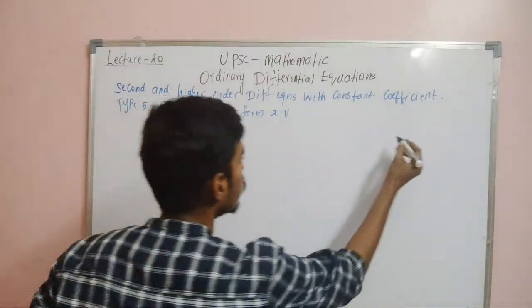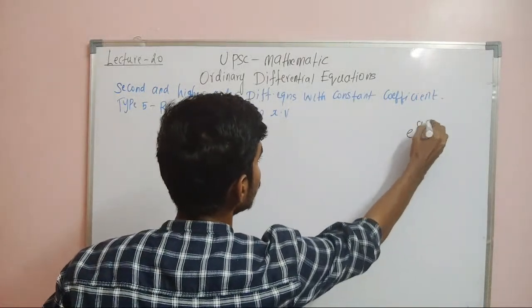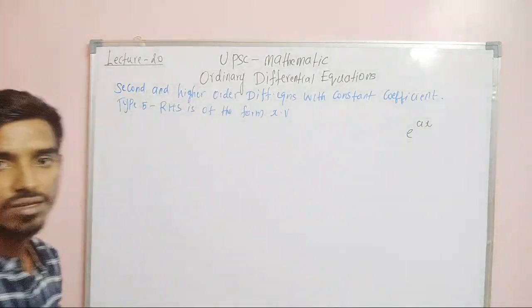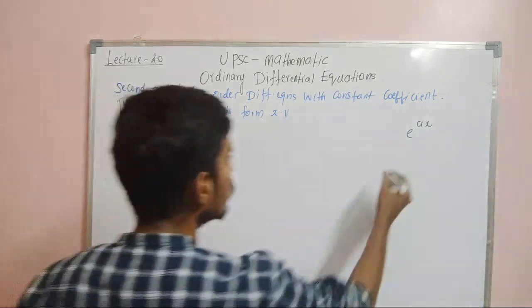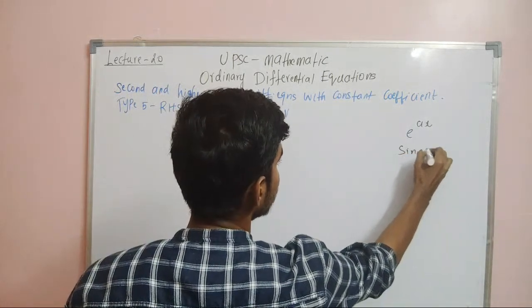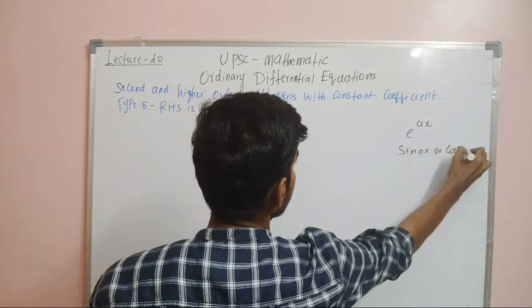In type 1, the RHS is of the form e power ax. Type 2 RHS is of the form sin ax or cos ax.